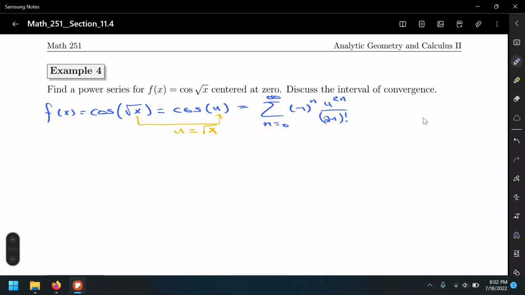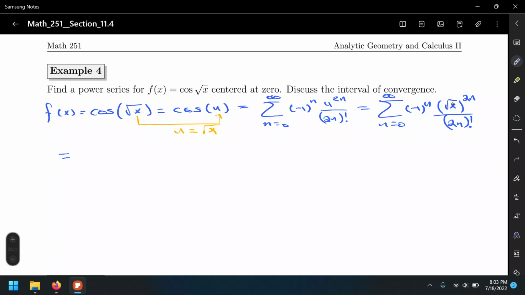Alright, so in this case, let's see. We can just go back and substitute: sigma n equals 0 to infinity, (-1)^n times the square root of x to the 2n power over 2n factorial.